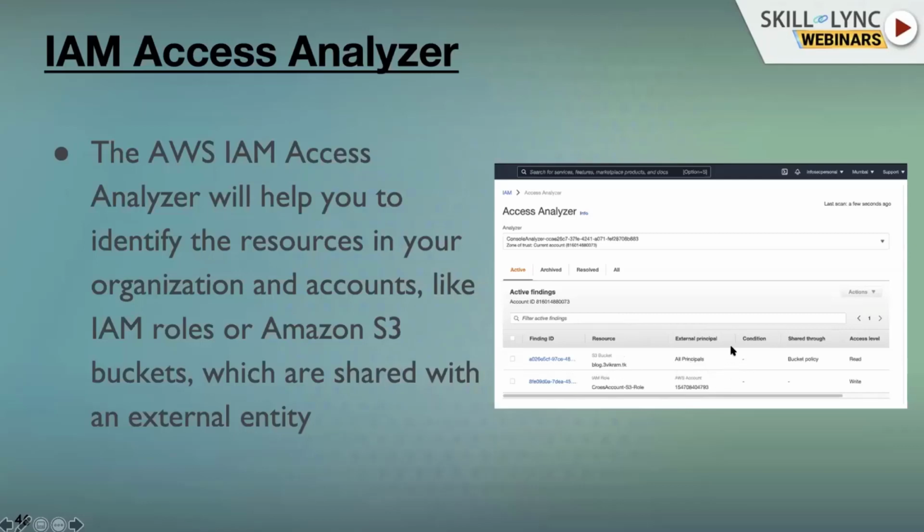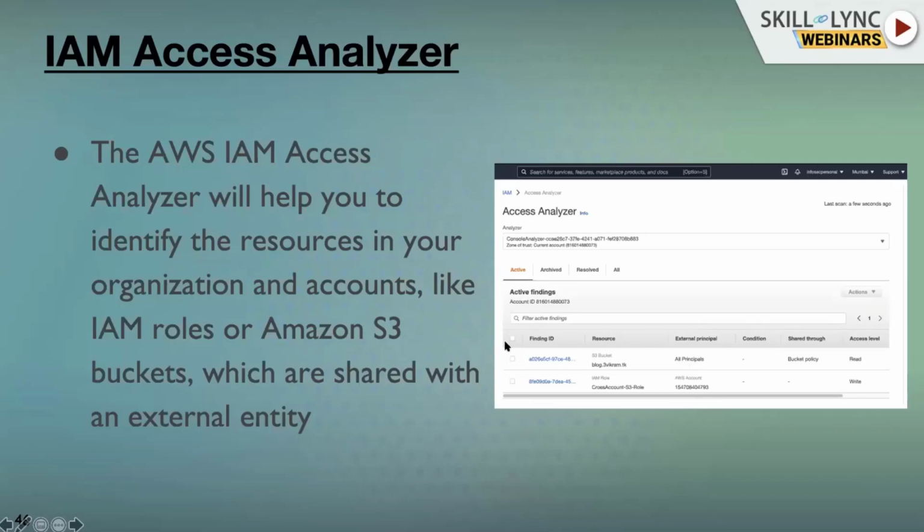So in my account, all users can access this particular S3 bucket. It says to revisit this and make changes accordingly. Similarly, the second finding says it's a cross-account rule. There is an outside account, starting with 1547, that has access to the S3 service in your account. So review this and take action as necessary, right?